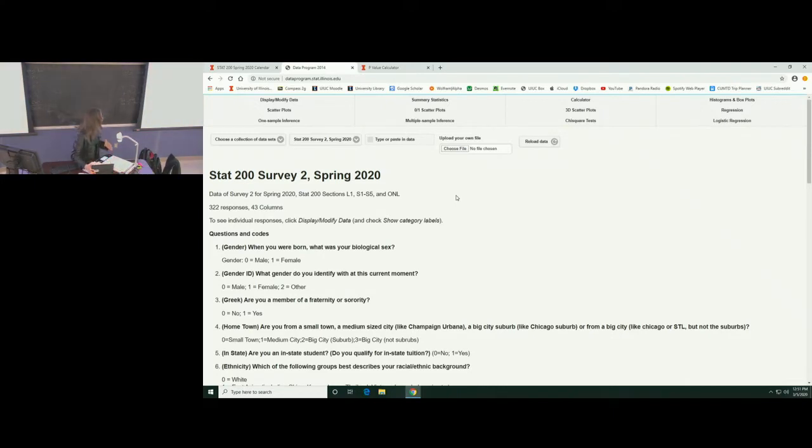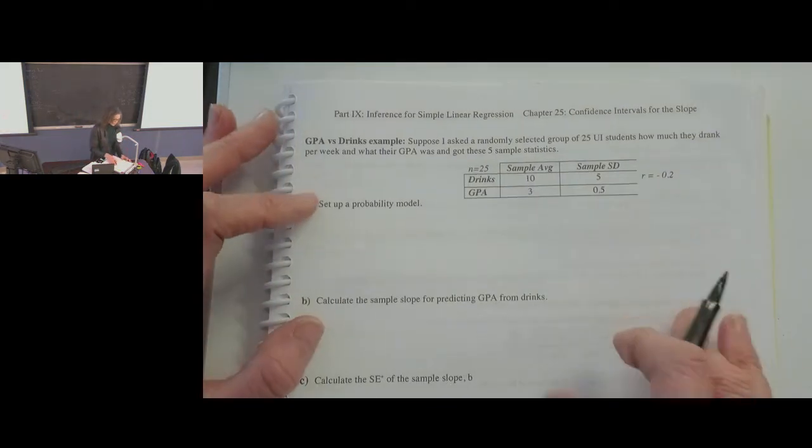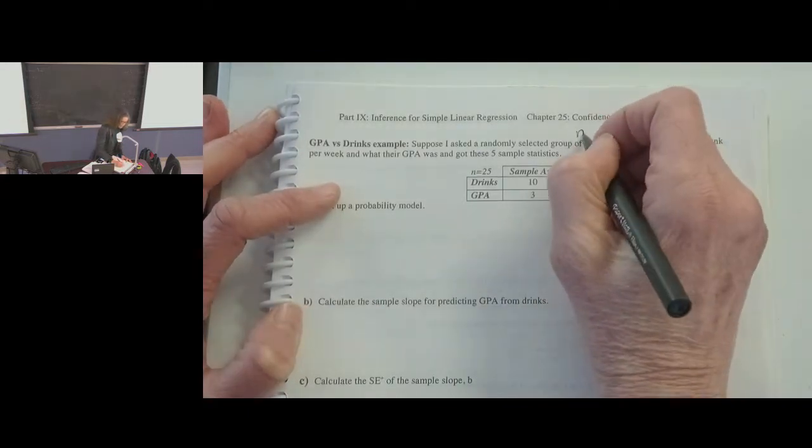All right, so here we are back at our document camera, and let's pretend that we did a similar survey, but I randomly selected 25. I want to do a t-test. That's why we have a small sample.